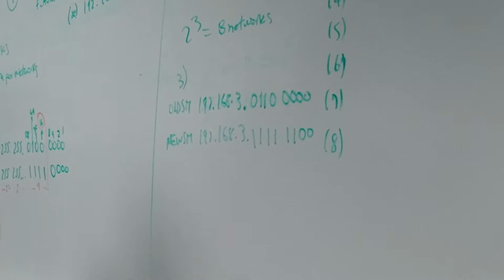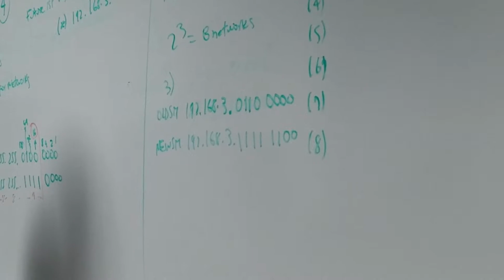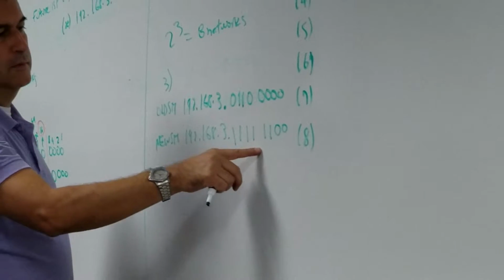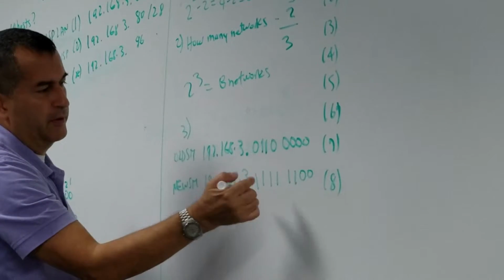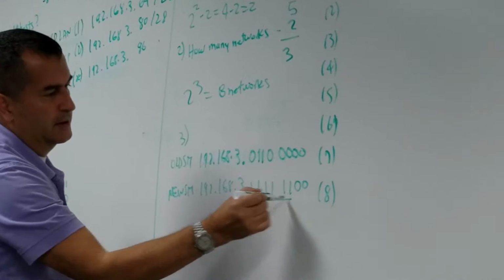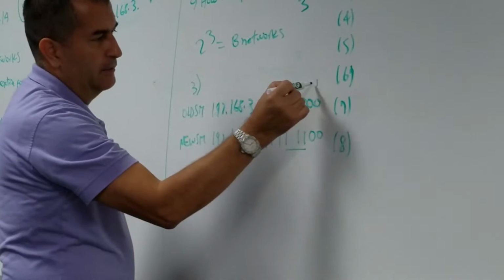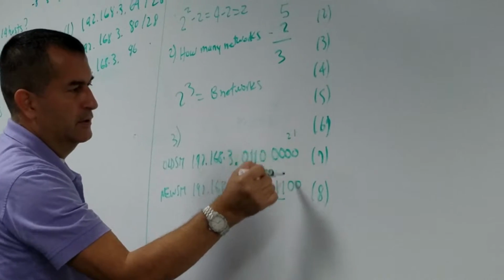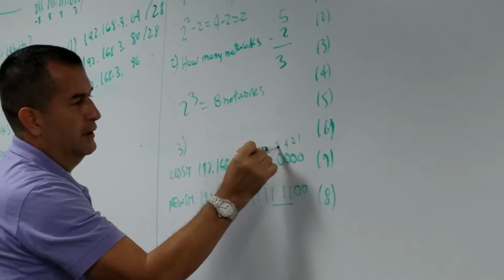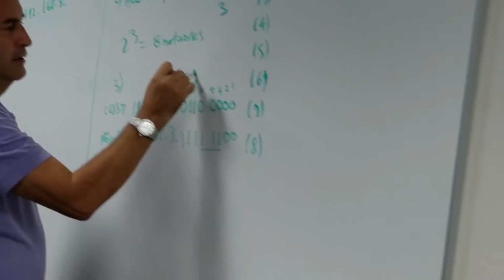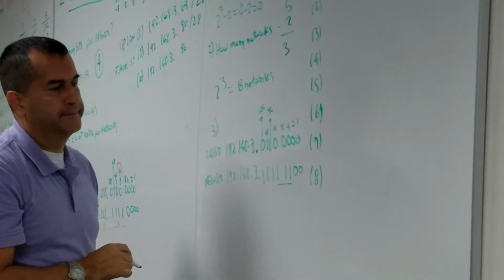Am I correct? Out of the 5, we're gonna use only 2. So these 3 over here, those are the new ones for the host part. And again, place value 1, 2, 4, 8, 16, 32, 64, 128, and new one.